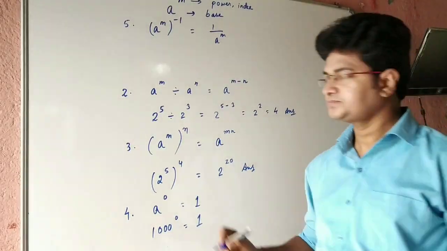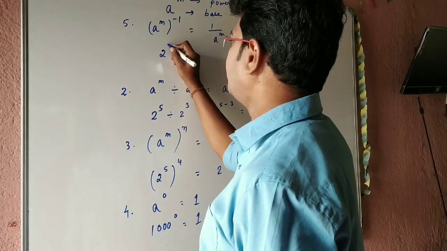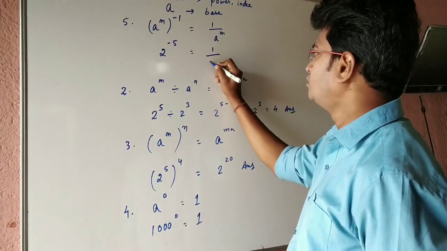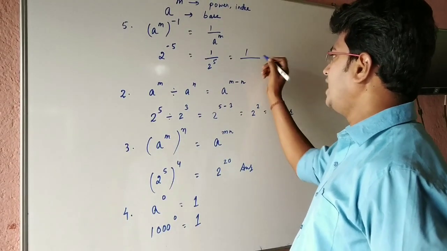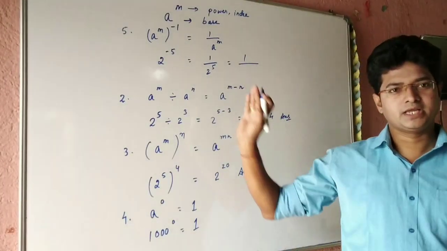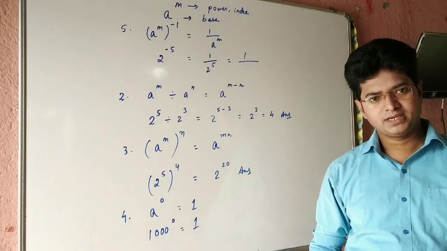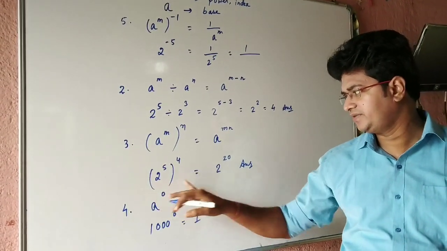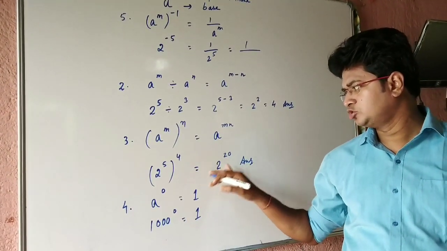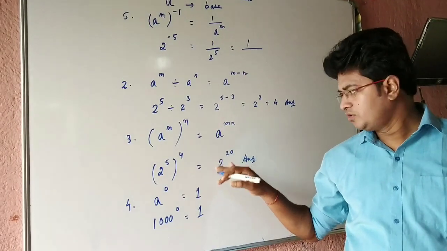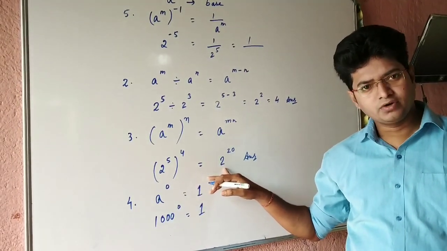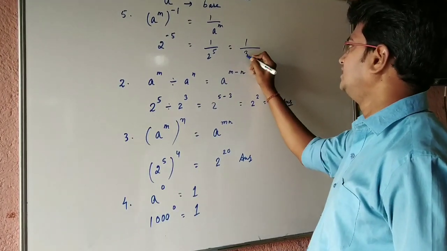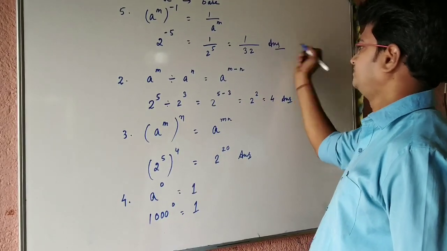For example, 2 to the power minus 5 can be written as 1 by 2 to the power 5. If the power is small, we can calculate and give the answer. If the power is bigger, we express it as it is. In the previous formula number 3, the sum that we have seen, we simply expressed 2 to the power 20, because we would need to multiply 2 twenty times. So we are not going to multiply and get the answer. And here 2 to the power 5 is 32. So this becomes the answer.